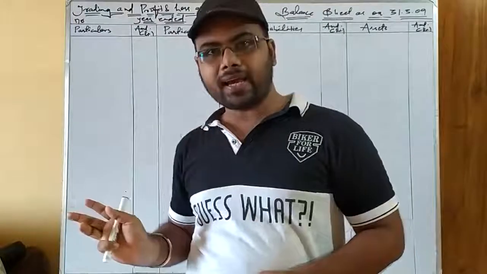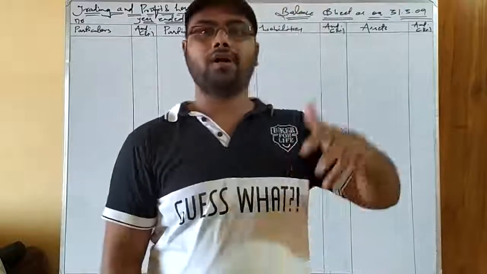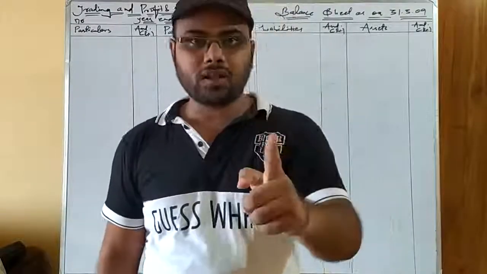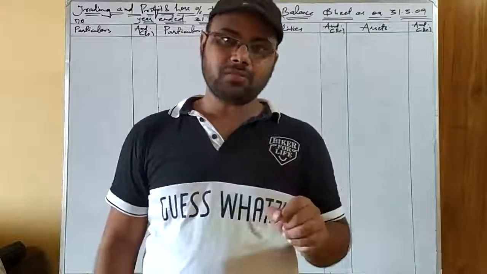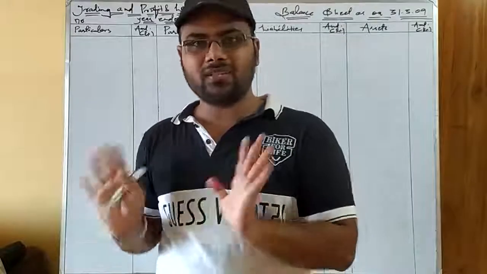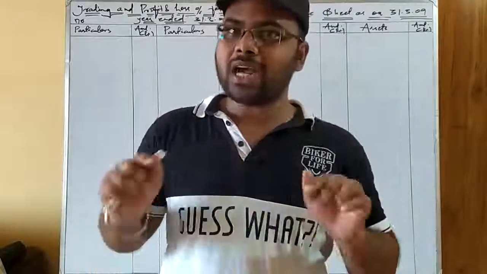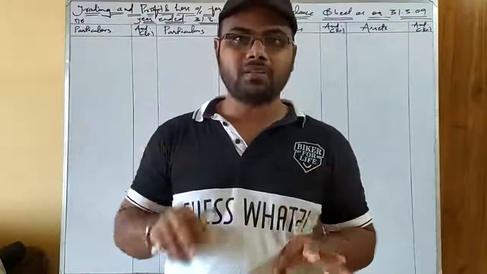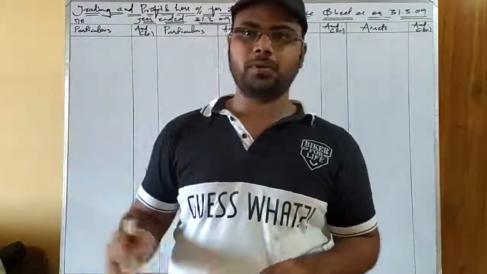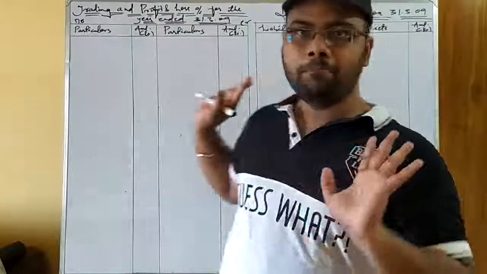That may be the trading account, the profit and loss account, or the balance sheet. The items are posted once only, but adjustments are posted twice, to two financial statements. So items appearing in the trial balance are posted once only, to any one financial statement: trading, profit and loss, or balance sheet.